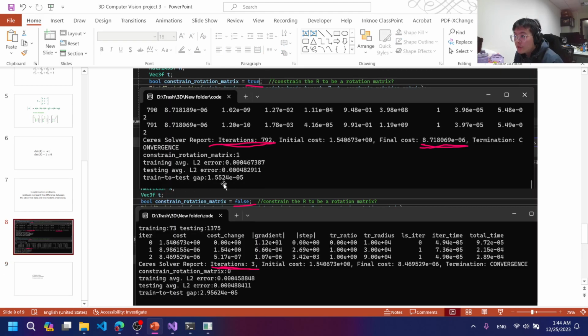And at the end we can see that the train to test gap is way smaller. It's almost half.